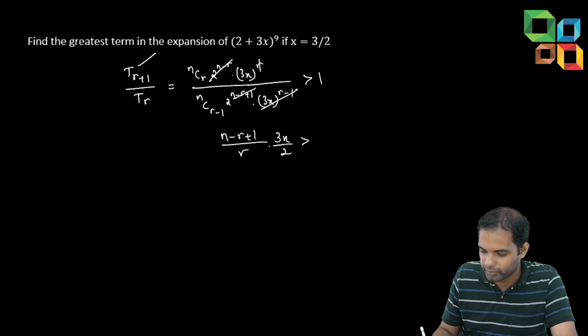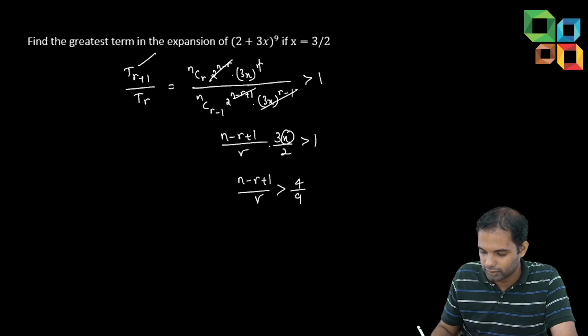This ratio should be greater than 1. What is x? We already know it's 3 by 2, so simply we can substitute here. So (n minus r plus 1) by r, taking the other side, is 2 by 3x. Now x is in the denominator, 2 by 3x, so it will be 4 by 9.